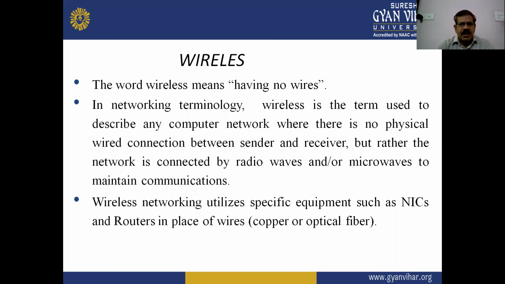Rather, the network is connected by radio waves and/or microwaves to maintain communications. Wireless networking utilizes specific equipment such as NICs and routers in place of wire, copper or optical fiber.